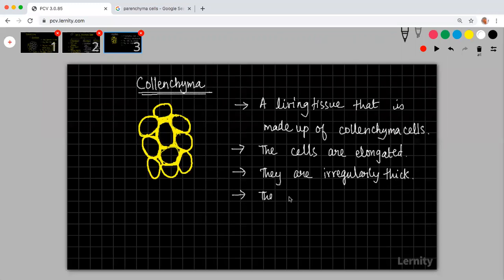The cell wall has pectin, which causes thickening.